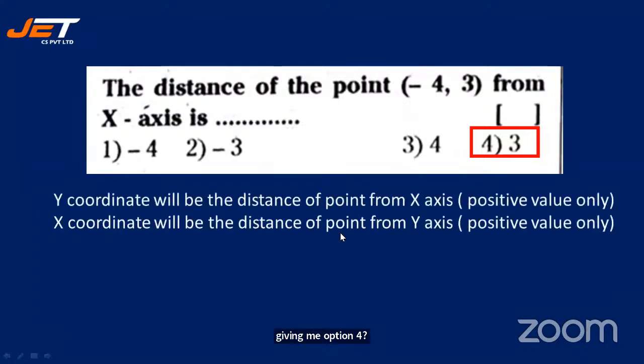Perfect. The explanation: the y coordinate will be the distance of the point from the x-axis, and the x coordinate will be the distance of the point from the y-axis. So it will have a positive value only. That is why you take only the positive value.